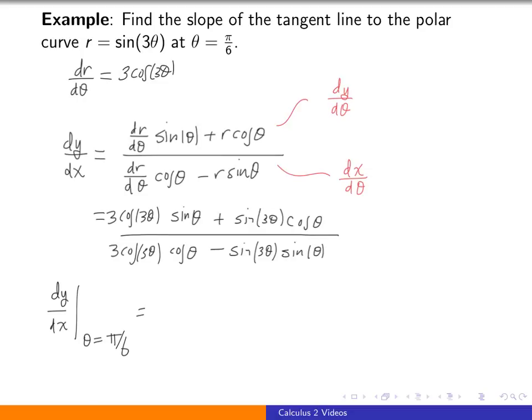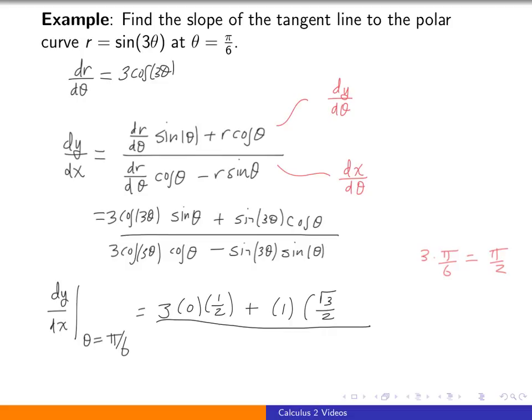For convenience here, let's note 3 times pi over 6 is pi over 2. Now just plugging in, working across the top, we have 3 times cosine of pi over 2, which is 0, times sine of pi over 6, which is 1/2, plus sine of pi over 2, which is 1, times cosine pi over 6, which is root 3 over 2.